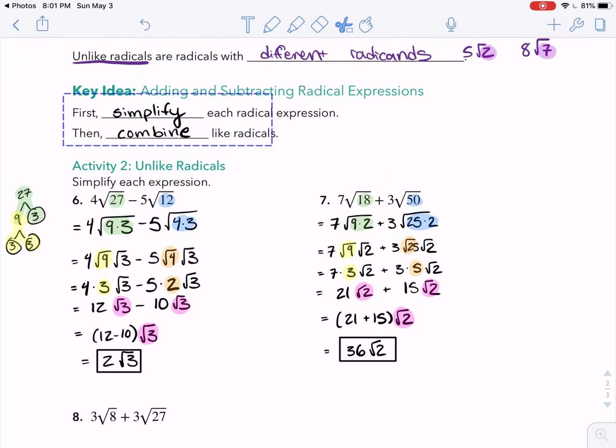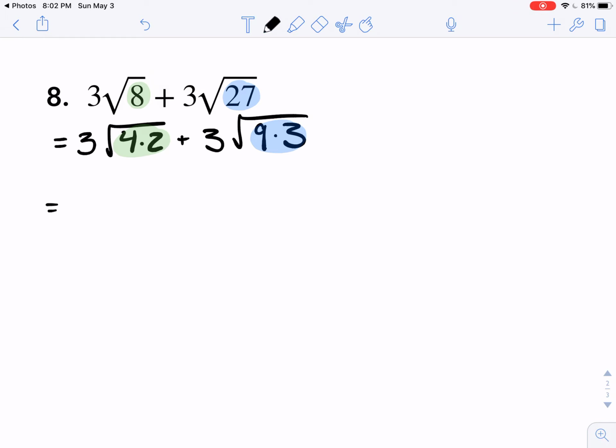Okay, here we go. So we can simplify each radical, because 8 is equal to 4 times 2. And 27 is equal to 9 times 3. Now I picked those factorizations because 4 is a perfect square, and so is 9.